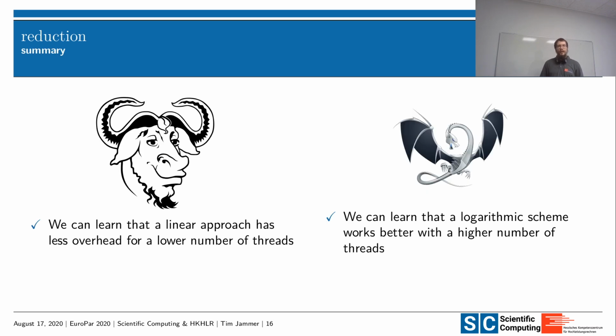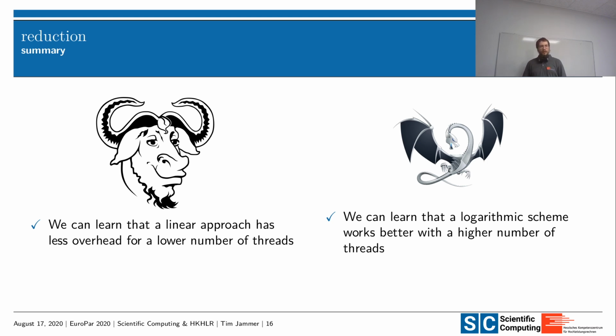So in this case, we could learn from the GNU implementation that this linear approach has less overhead for a low number of threads. It might even be possible to vectorize the reduction operation in these cases. In contrast, it is not possible to vectorize a logarithmic scheme, a tree scheme. But this logarithmic scheme works better with a higher amount of threads, of course.